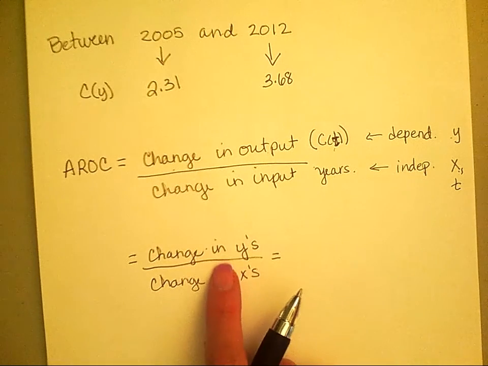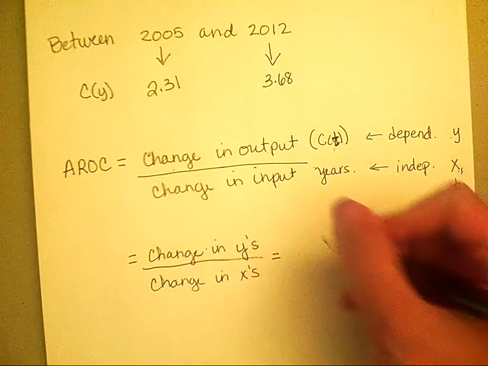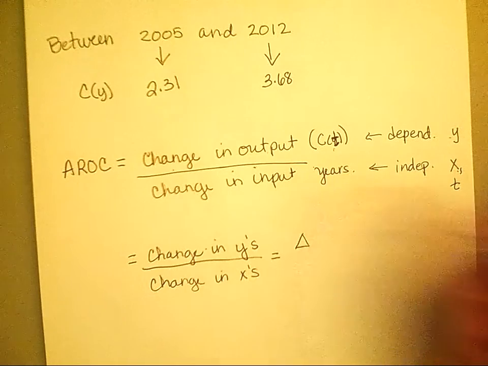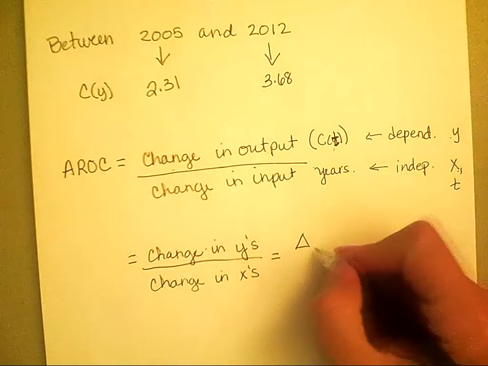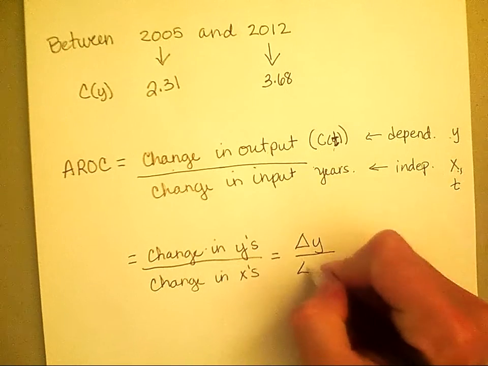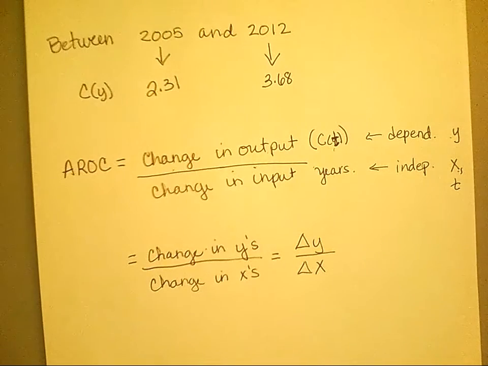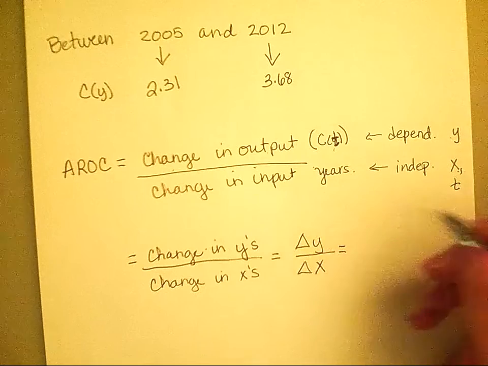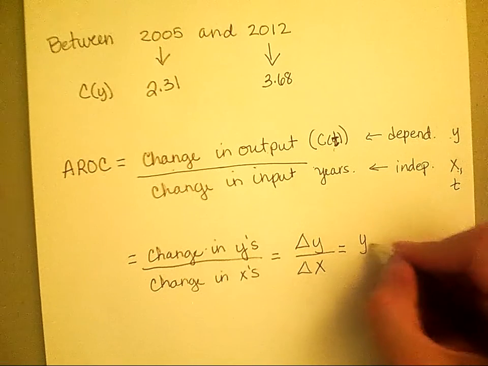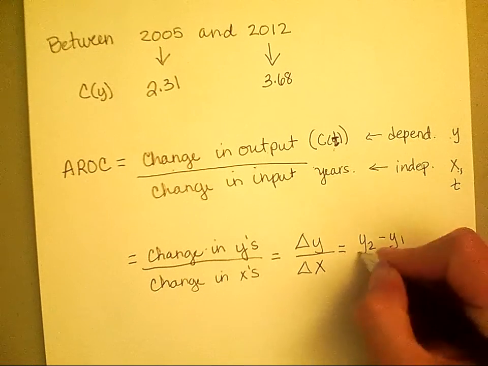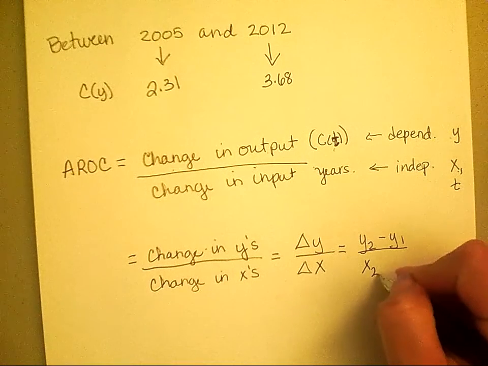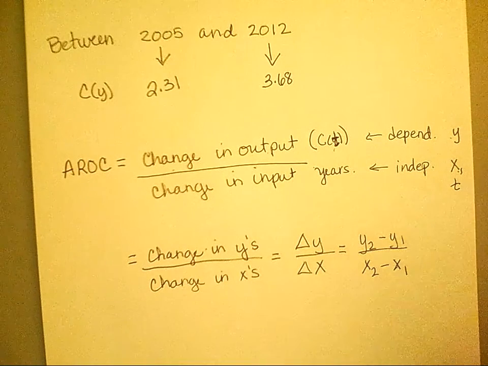And it gets tedious to keep writing change in output, so a lot of times you'll see this notation. It's a delta. It means the change in y over the change in the x. And now we've seen this before. A change in y we often write as y2 minus y1, and the change in the x we often write as x2 minus x1.